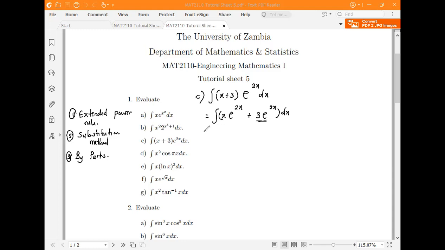So for the first part, we use by parts. Now, under by parts, we must be a bit careful. How then do I choose which one becomes my u?